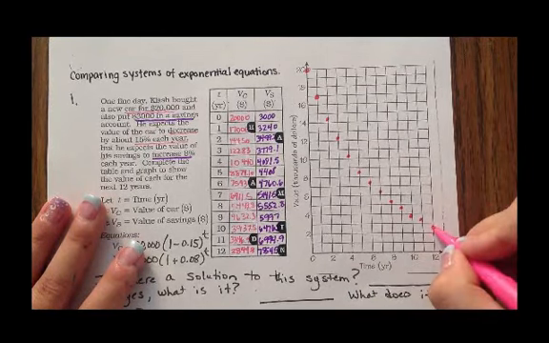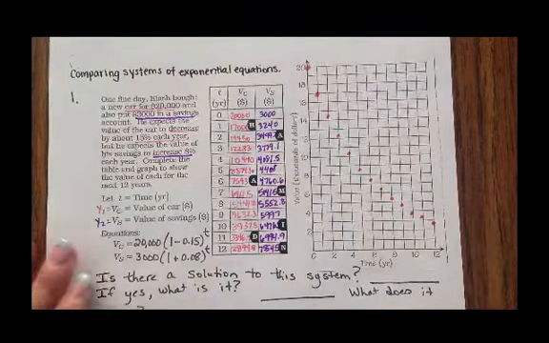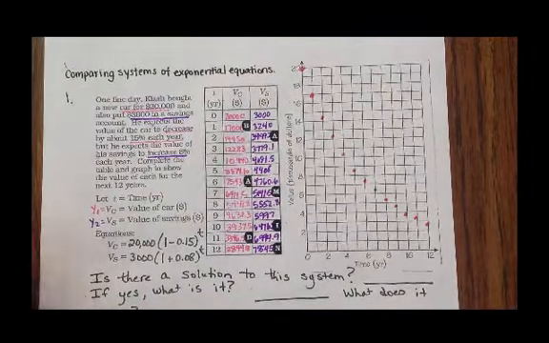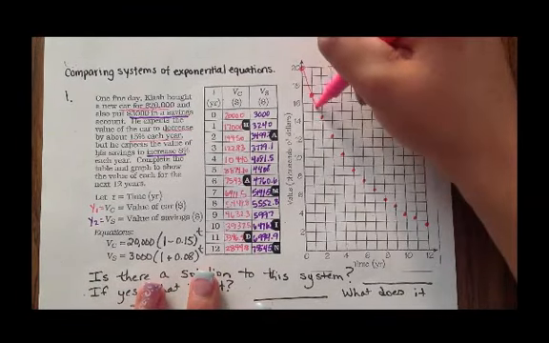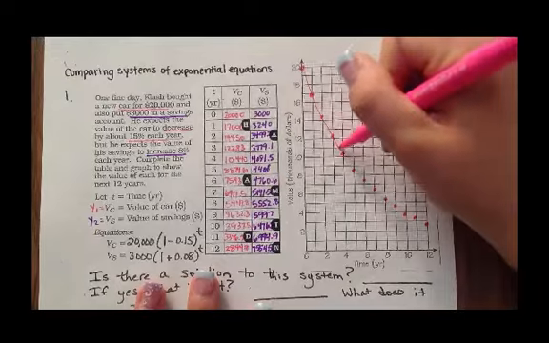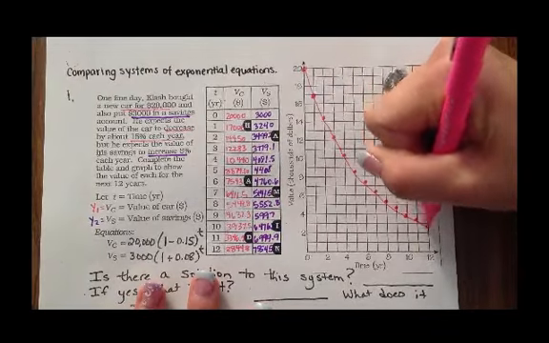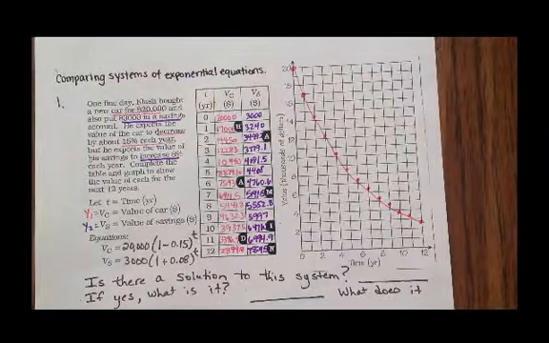And 12, 2,800. So our graph is going to look like that. So we have an exponential function that is decreasing. So we can go ahead and connect those points. And that gives us our exponential function for the car.